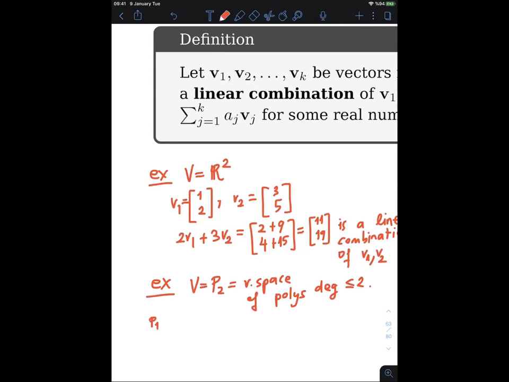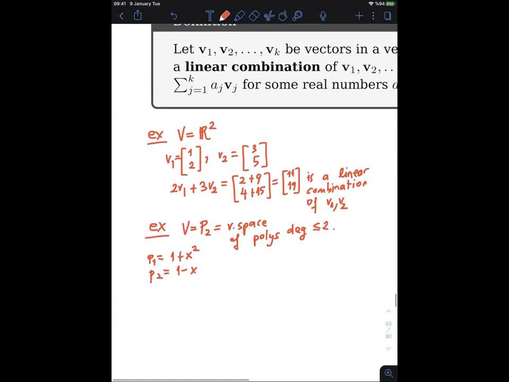Let's write a question. Let's take P1 to be 1 plus x squared, and P2 to be, no, let's write 1 minus x. So we take two vectors in this vector space.